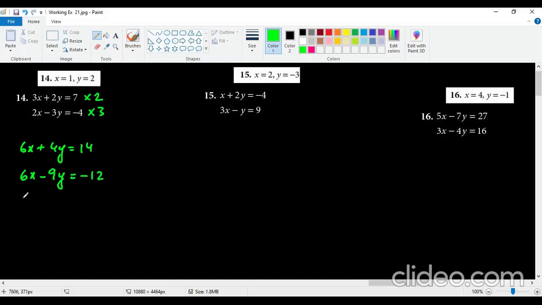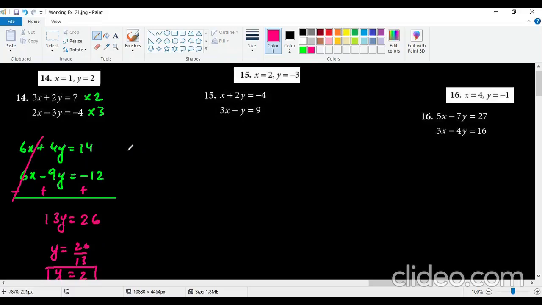Subtracting the second equation from the first one, minus 6x plus 9y and plus 12. So these two are going to be cancelled. 4 plus 9 is going to give us 13y, and this is giving us 26. So y equals 26 over 13. So the value of y is going to be 2.